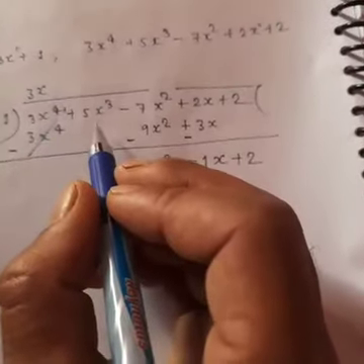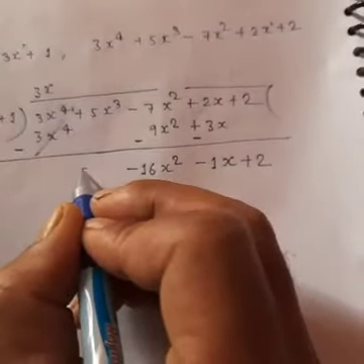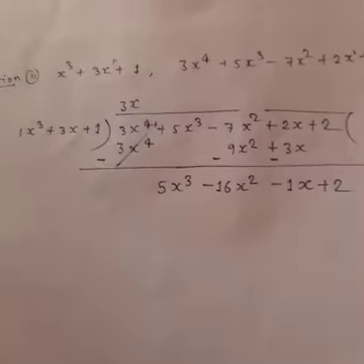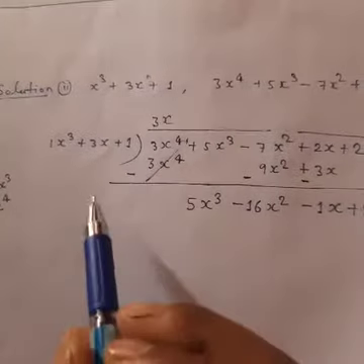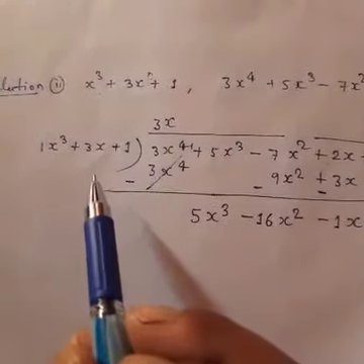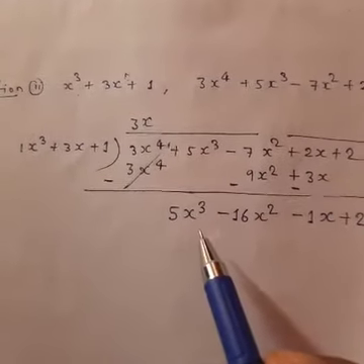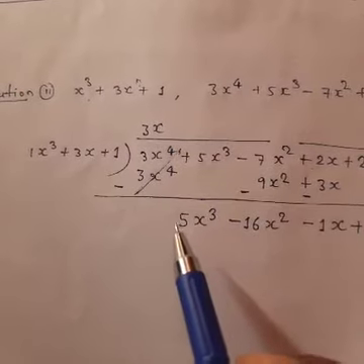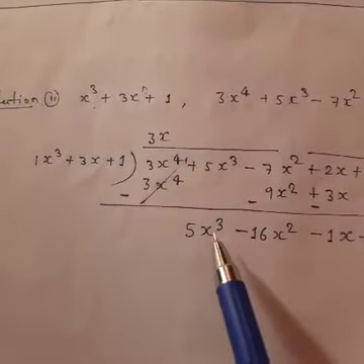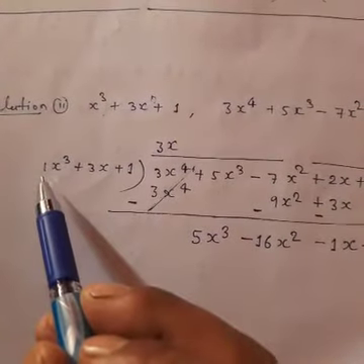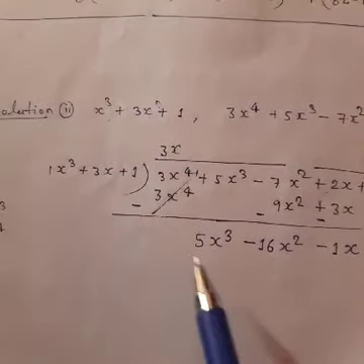And this term also, students, 5x cubed will be written here. Now this time, students, the degree of the divisor is 3 and the degree of this remainder is also 3, but the coefficient of this x cubed is 5 and here the coefficient of x cubed is 1, so we have to make this one 5.